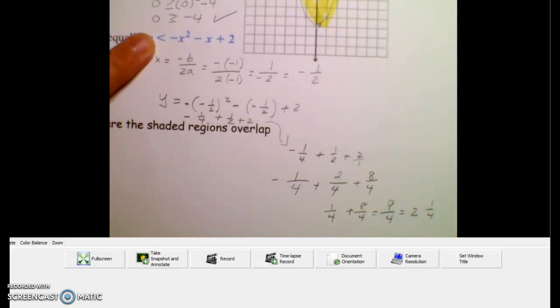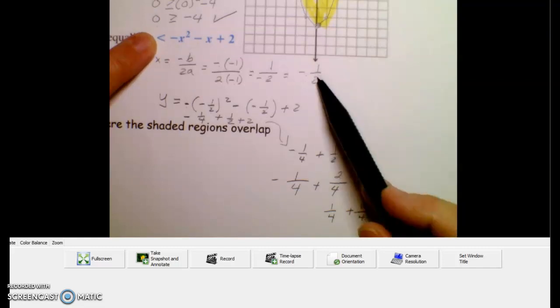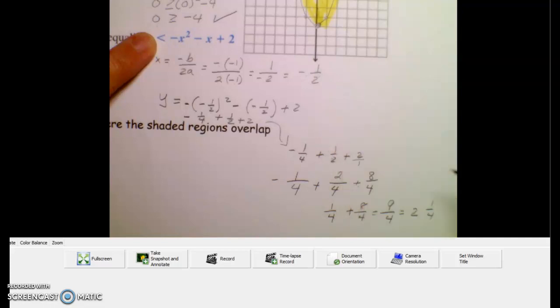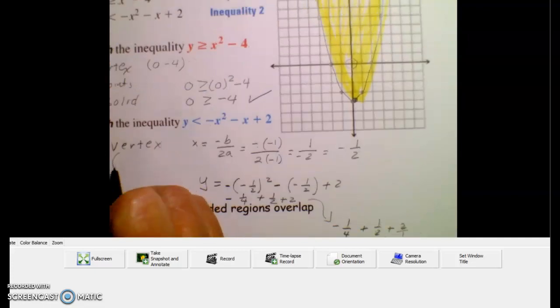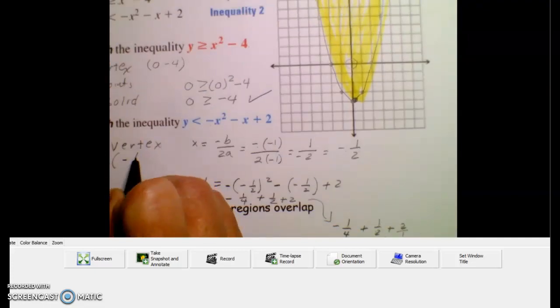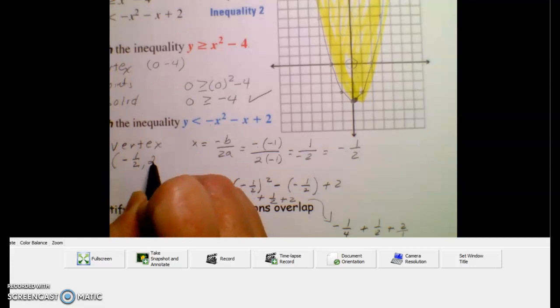I'm just going to do that because it makes it easier to graph it. So we have an x value that's negative 1/2 for our vertex, and a y value that's 2 1/4. I'm going to write them up here so that they're very clear. So negative 1/2, 2 1/4.